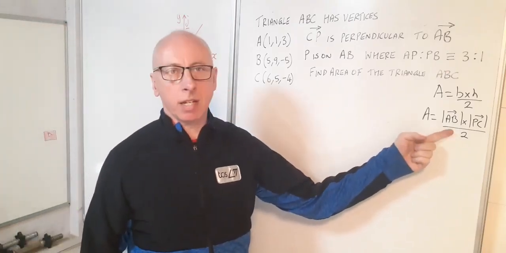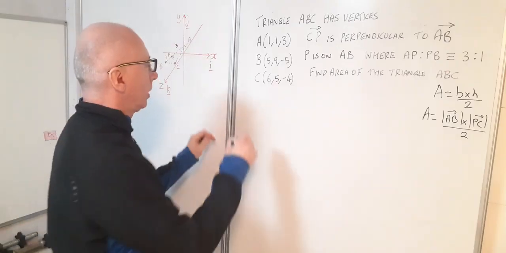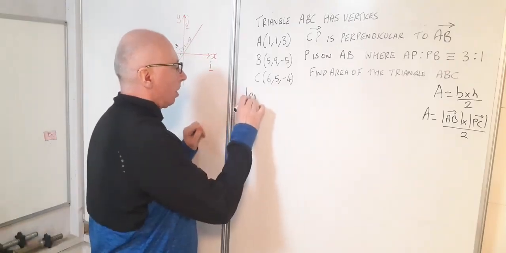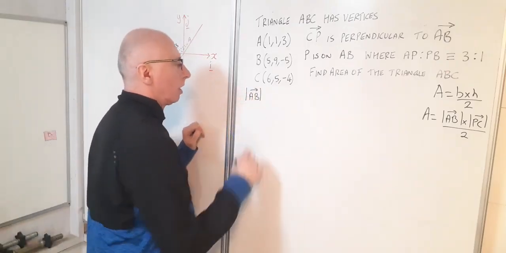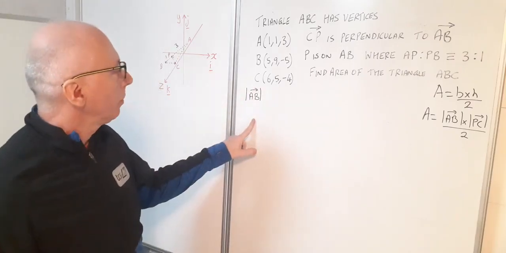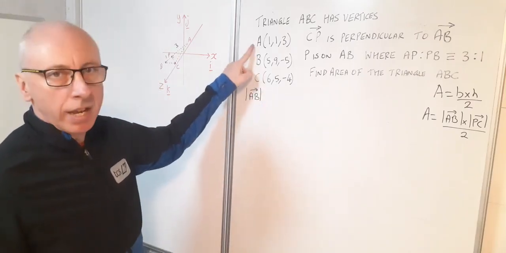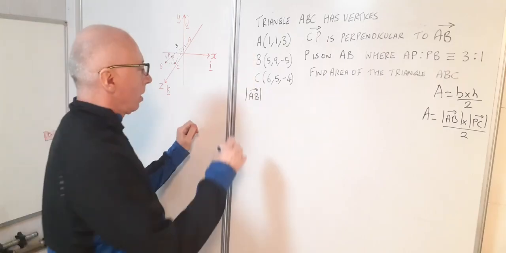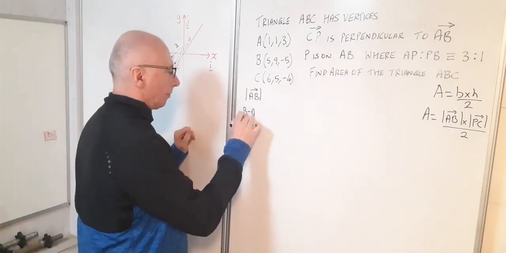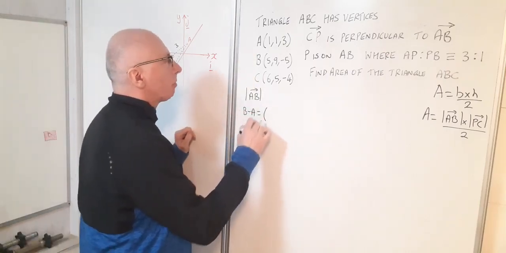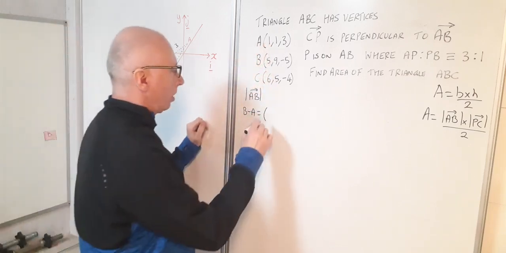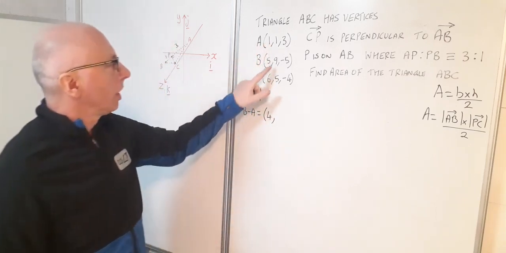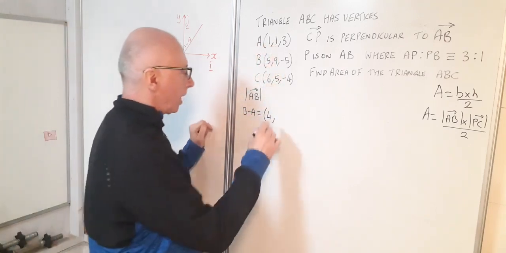So I need to find AB first. So let's go for that. The magnitude of AB. First of all, we need to find B minus A to find the distance. So B minus A becomes 5 minus 1, that's 4. Then 9 minus 1, which is 8.